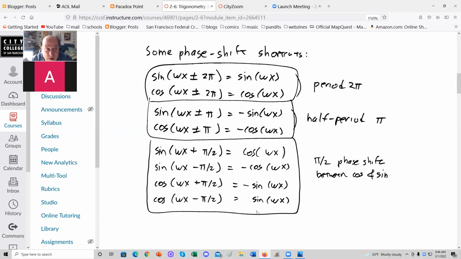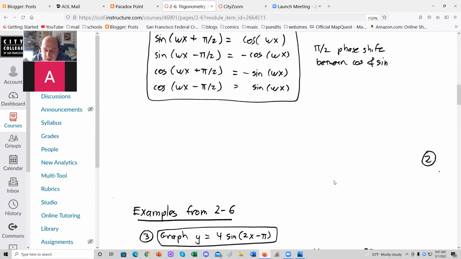Which is minus and which is plus, you might have to actually take values and evaluate. But it's cos omega x or minus cos omega x if you add or subtract pi halves to a sine argument. Add or subtract pi over 2, 90 degrees, to a cosine argument, and you get minus or plus sine. That's the pi halves phase shift between the two.